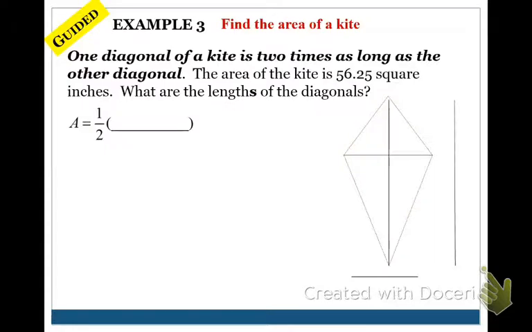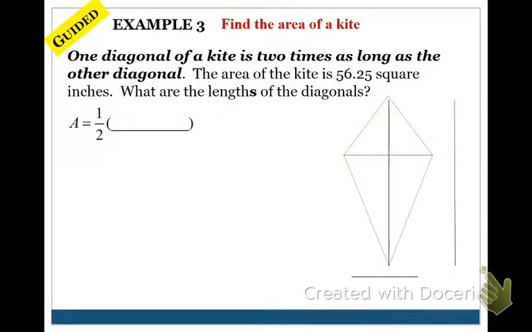Find the area of a kite. One diagonal of a kite is 2 times as long as the other diagonal. The area of the kite is 56.25 square inches. What are the lengths of the diagonals? How could we approach this? We have the area.